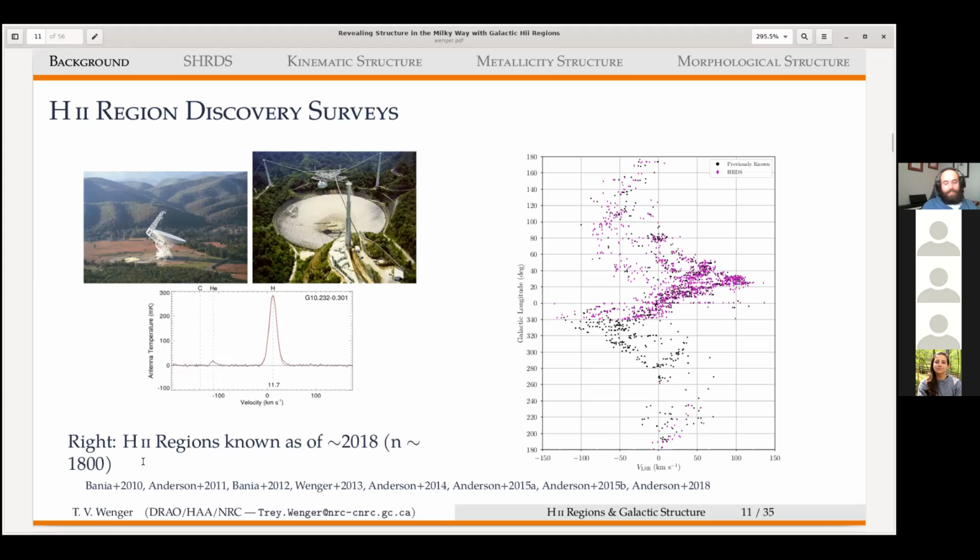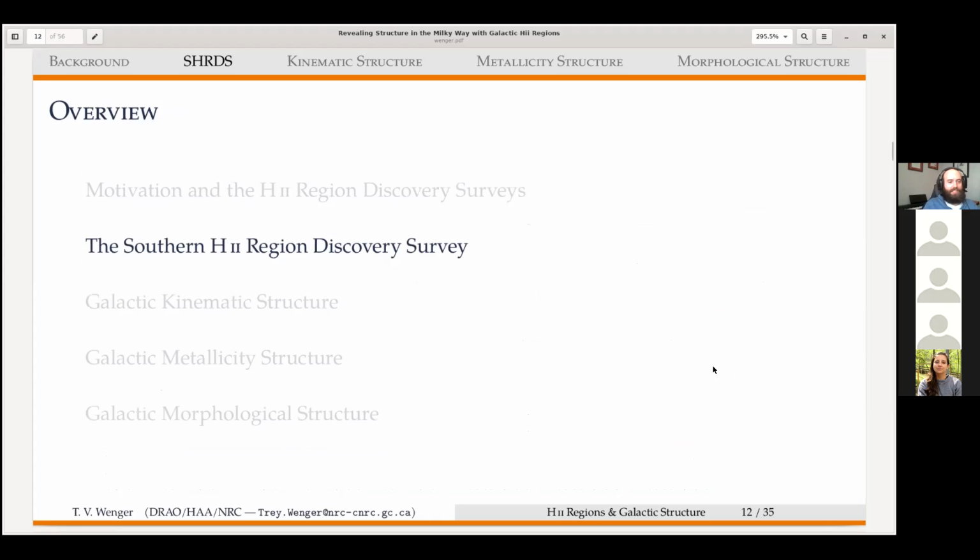But it's clear from this diagram that we missed a part of the galaxy. There's a big chunk between about 340 degrees longitude and 240 degrees longitude where there aren't any magenta points. And that's, of course, the part of the Milky Way that's only viewable from the southern hemisphere. That'll be the motivation for the first project that I'll talk about, the Southern HII Region Discovery Survey.